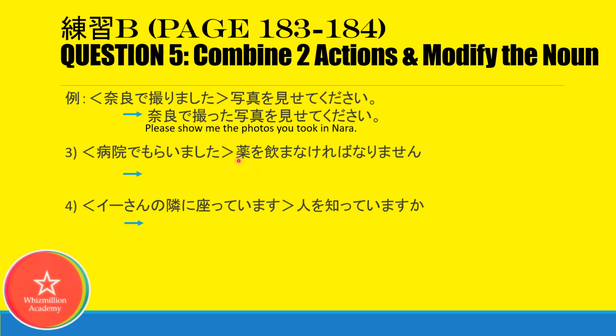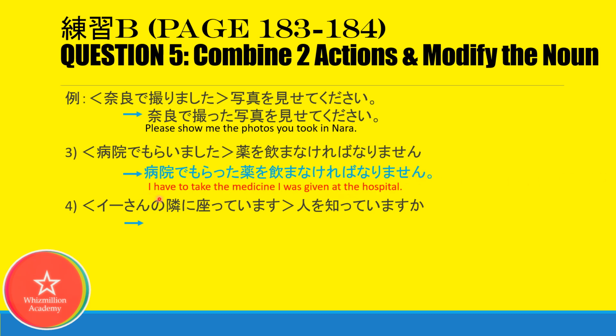But after combining it with the first sentence, 病院でもらった薬を飲まなければなりません。I must drink the medicine that was given to me at the hospital. So I have to drink the medicine, not just any medicine, but the medicine that I was given at the hospital. So now we know something about the medicine, right? It's a medicine that I obtained from the hospital.